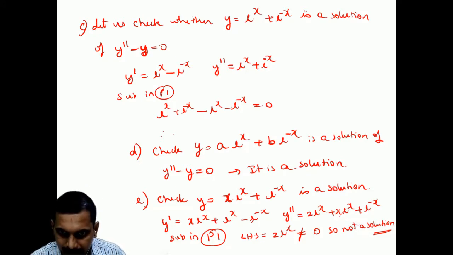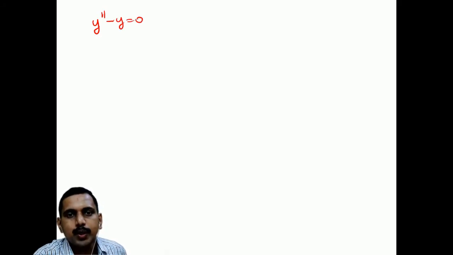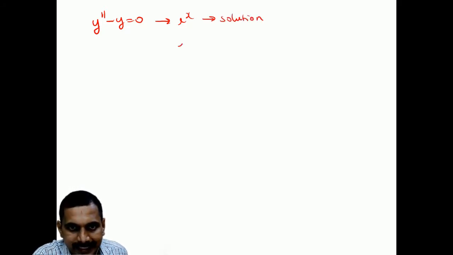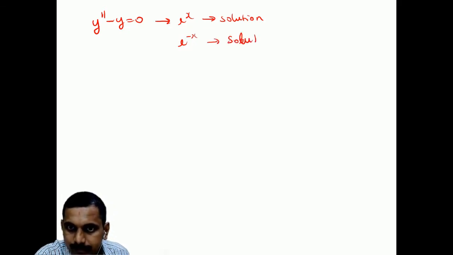Okay. Now let us see. Initially what was there? We had y double dash minus y is equal to 0 as a differential equation. We checked e power x, a solution. We checked e power minus x, it's also a solution, correct?